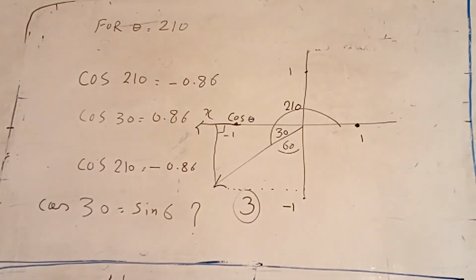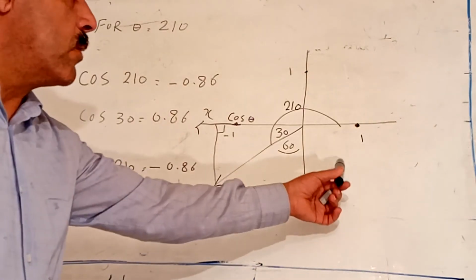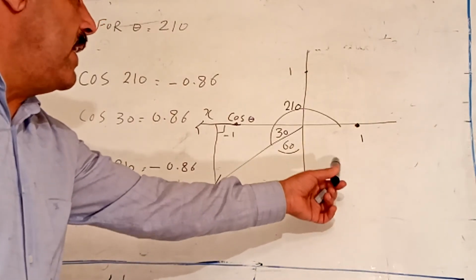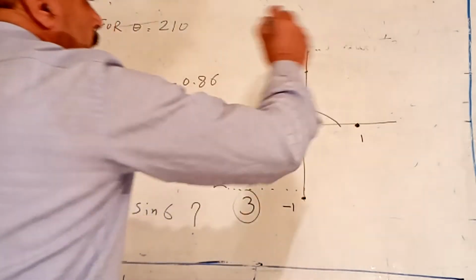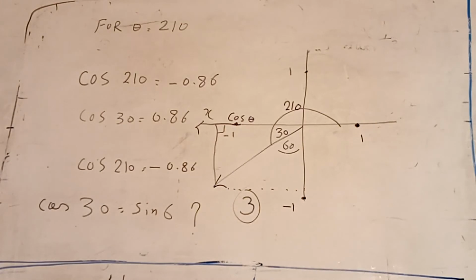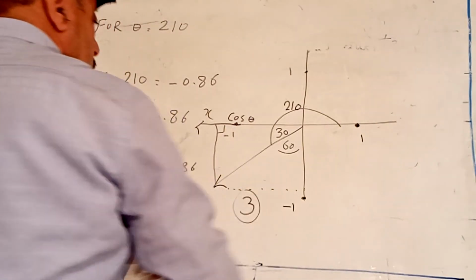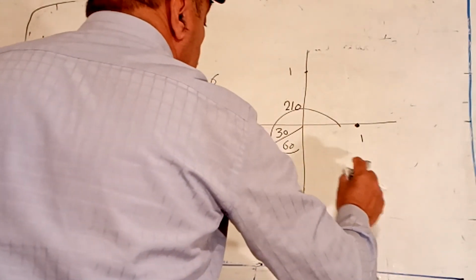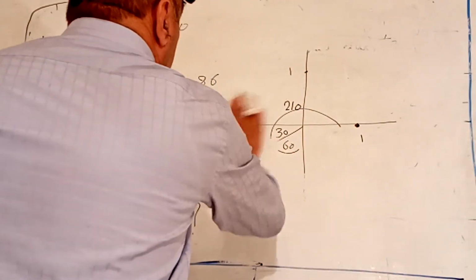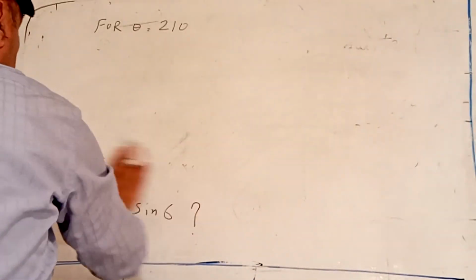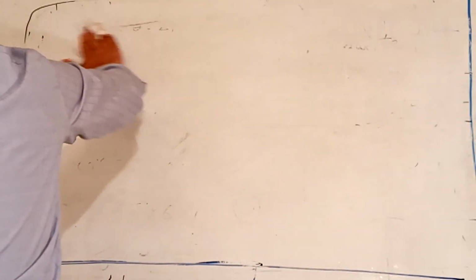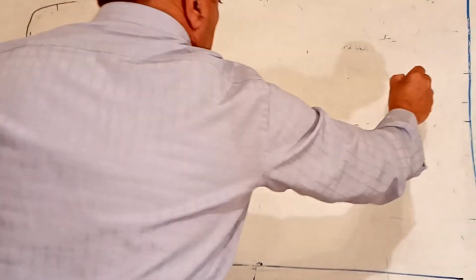Let's go now to the fourth quarter. We are on this quarter here. Angle theta is this one, up to here is 270. So we are more than 270, from 270 to 360. By the way, at 270, we will go to it in the next graph. Let's take a look here.